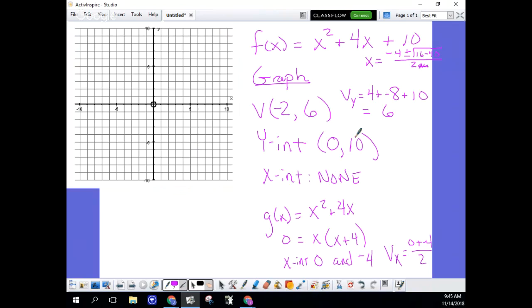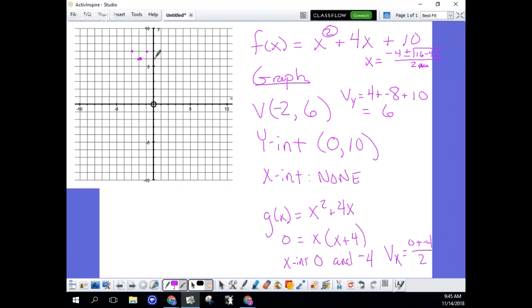So I'm going to show you now how to get this graph. I go to -2, 6: 1, 2, 3, 4, 5, 6. That's my vertex. The whole idea about the quadratic is that from the vertex, you square whatever horizontal movement you make to figure out where the point is vertically. So move over 1, and 1 squared is 1, so I go up 1. If I go -1 from the vertex, I go up 1, because -1 squared is 1.